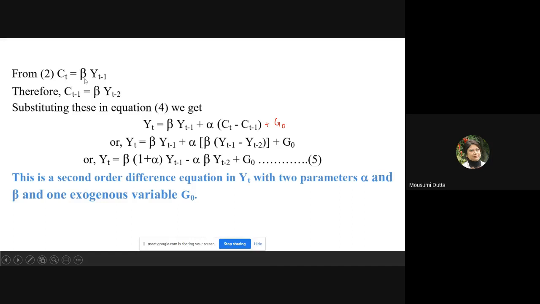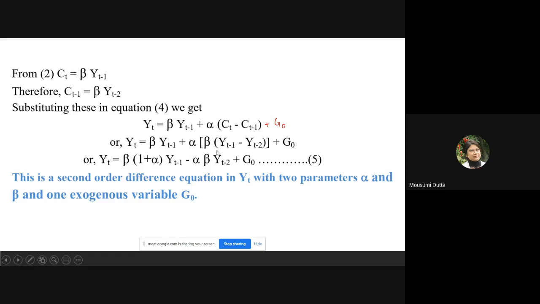So if Ct is equal to beta Yt minus 1, Ct minus 1 should be beta Yt minus 2. Is this clear to you? So in place of Ct, I have written beta Yt minus 1, and in place of Ct minus 1, I have written beta Yt minus 2. Is it okay?